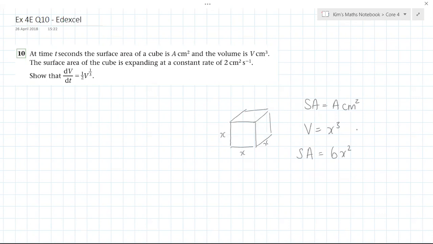I'm going to work out what x is. So x is equal to the cube root of V, that's V to the third.